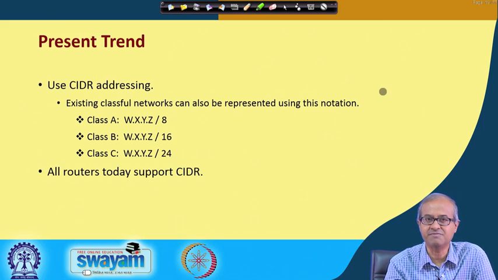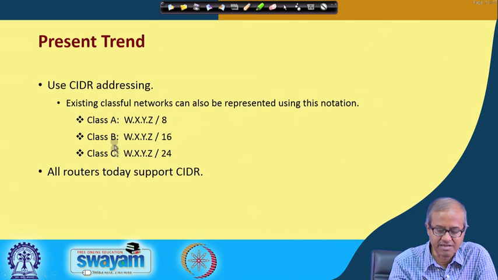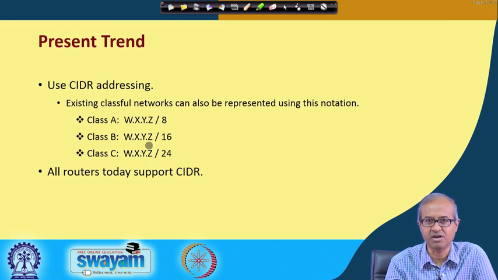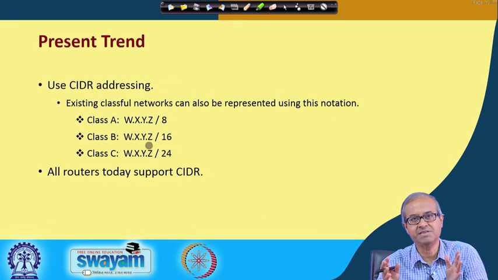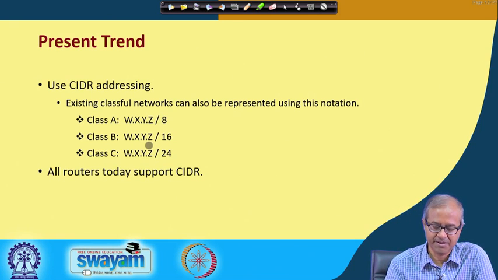CIDR is very convenient, and the equivalent of class A you can represent as /8, class B as /16 and class C as /24. So, CIDR is a generalization of the so called classful addressing. You can use the class ABC and more than that. All routers today support CIDR.